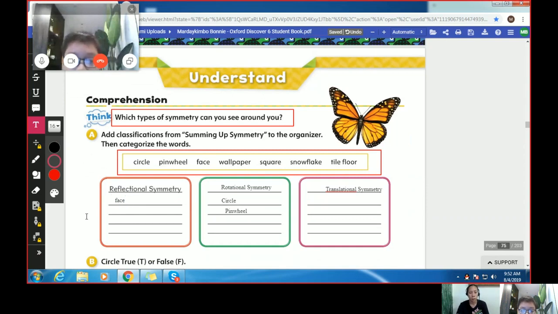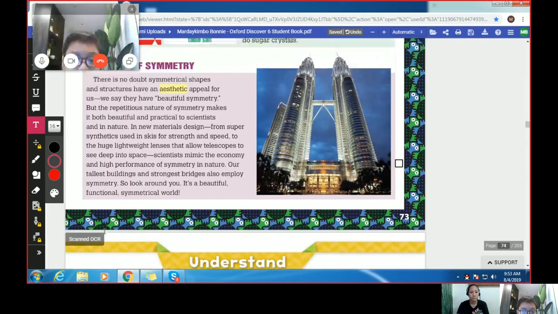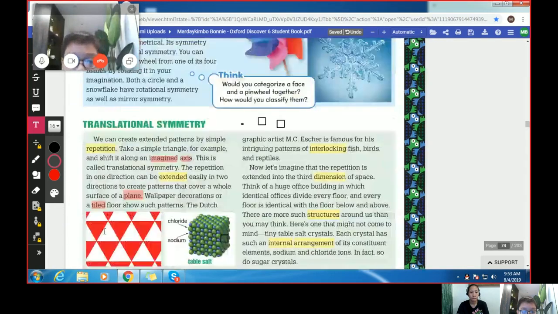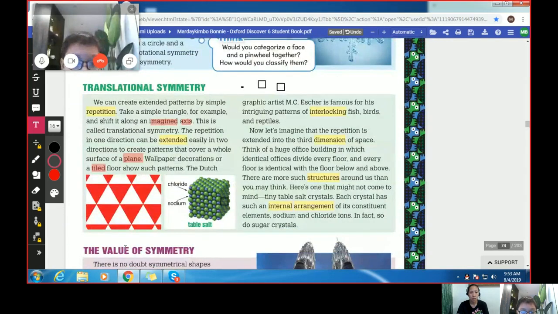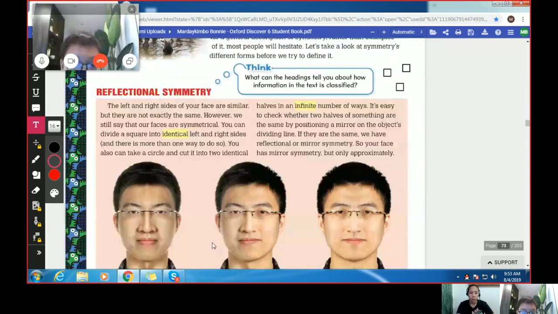Wallpaper. Can you move up? I cannot see the wallpaper.